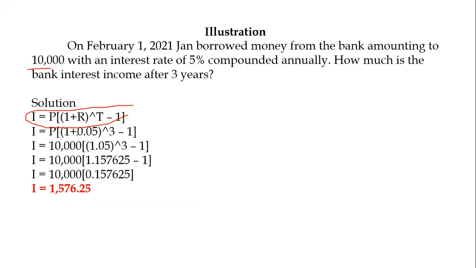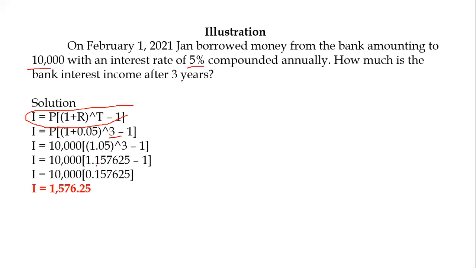And then 1 that is given plus 0.05. Saan nanggaling ito? That is the rate, no? I-convert natin into decimal and then exponent 3. All right? So 10,000 times 1 plus 0.05, that is 1.05 raised to 3 or exponent 3, minus 1.